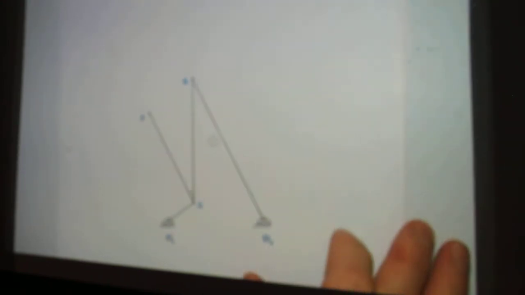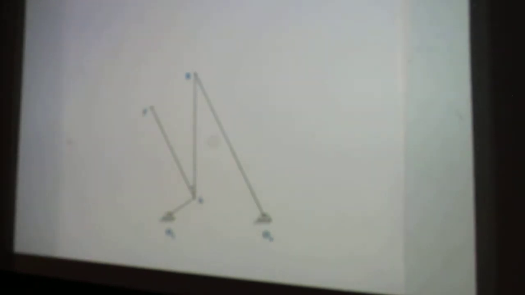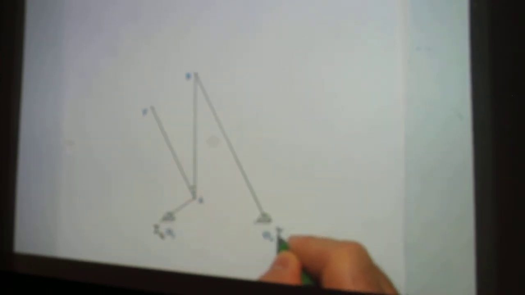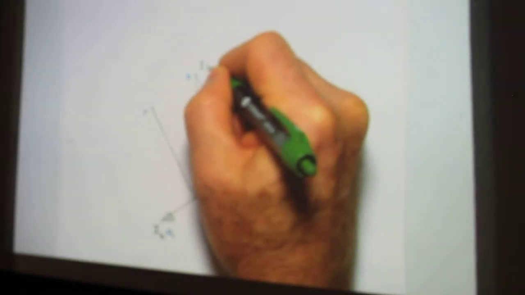So we start off with finding all instant centers. So I have I12 here, I14, I23, I34.